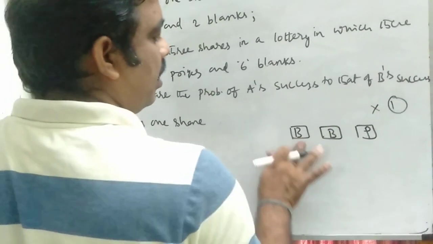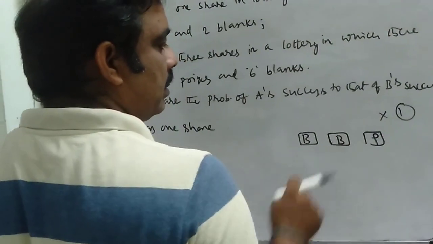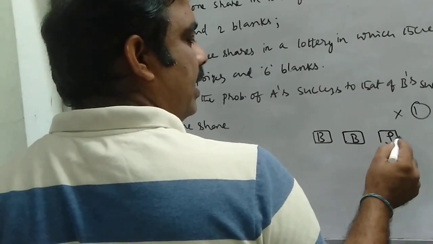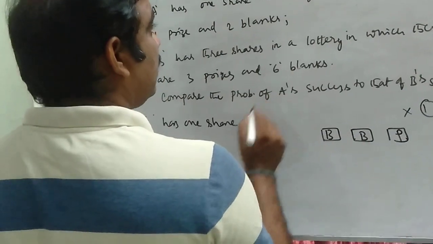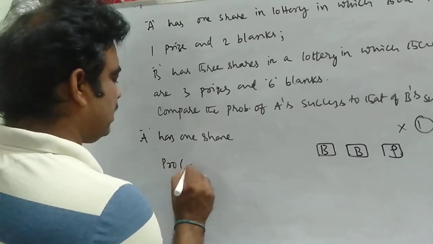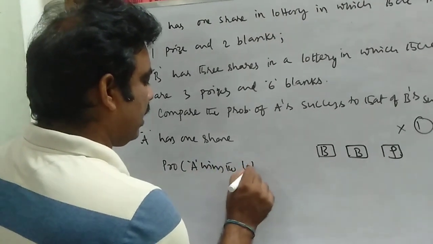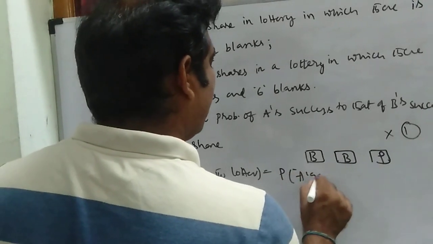The tickets are 2 blanks and 1 prize, so he can succeed only when he gets the prize ticket. The probability of A winning the lottery means the probability of A getting the prize.